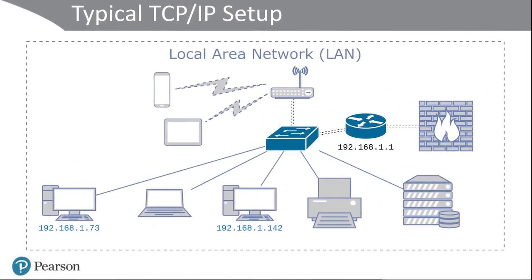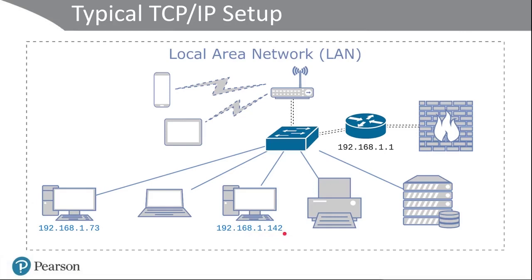Now, let's show our local area network setup again with a typical TCP/IP setup. Here we have a PC, and it's using the IP address 192.168.1.73. This is a different network number than we showed before, but it's very common in a small office or home office or just in the home. Here we have another PC, and that's using the IP address 192.168.1.142.